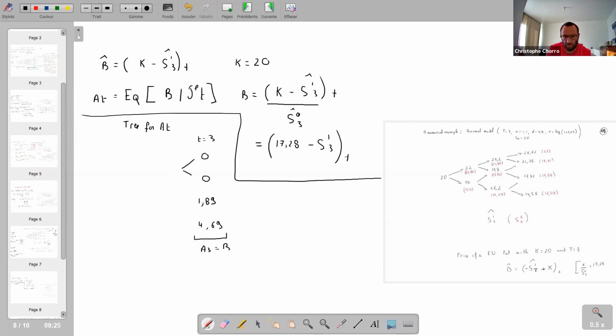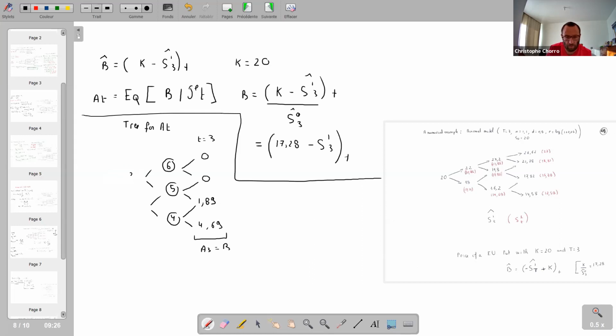And in fact, my objective here will be to solve what happened at the previous time. So I need to find this one, this one, this one.